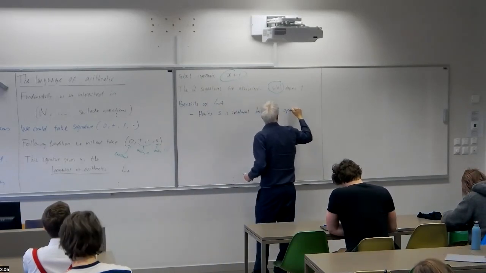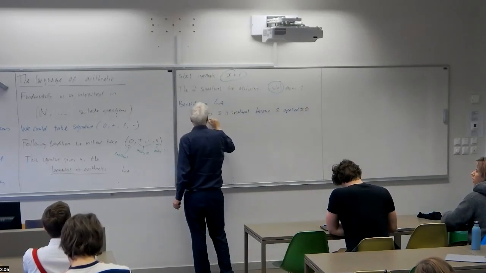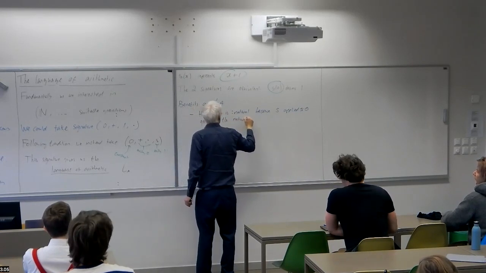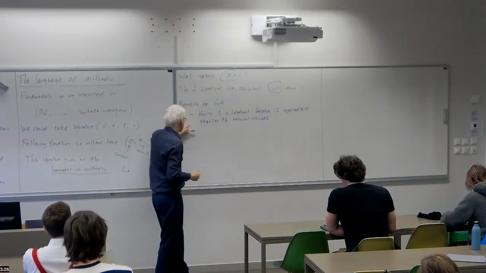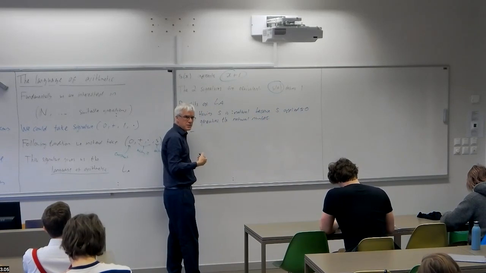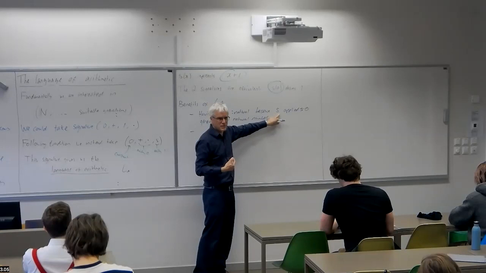So S applied to 0 generates the natural numbers. Secondly, it turns out when we come to axiomatizations next week, the axiomatizations are very naturally expressed in terms of the successor.